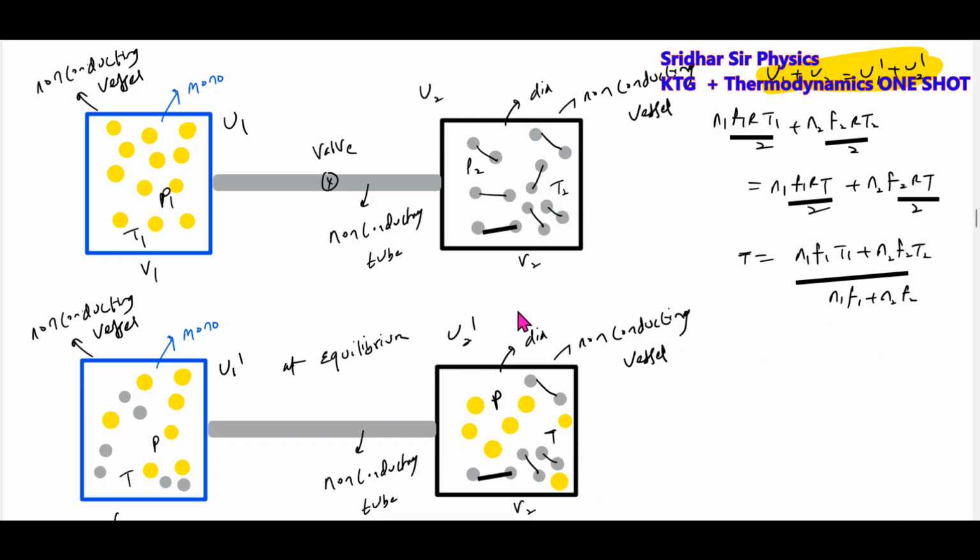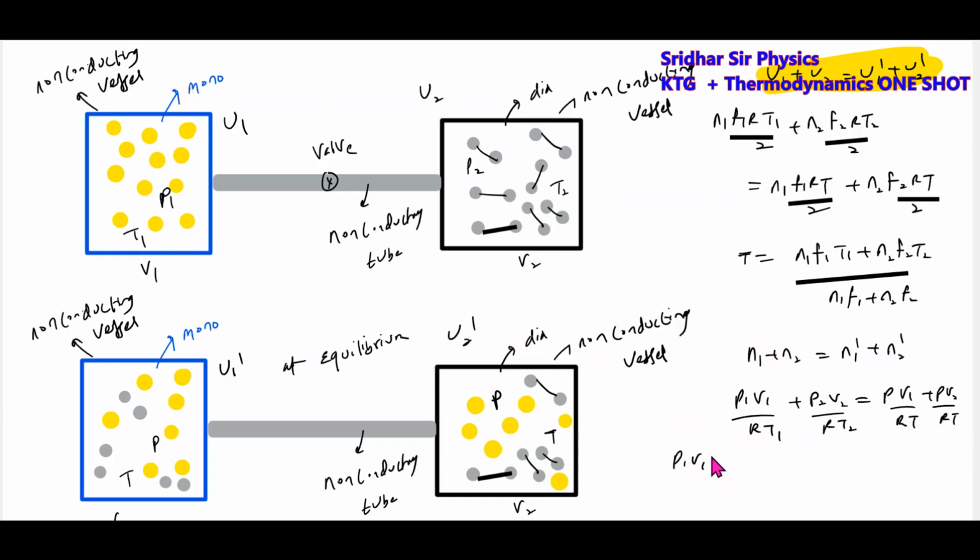To get the final pressure, the amount of gas, or the mass of gas, or the number of moles will remain the same. What is n1? n1 will be P1 V1 by RT1, and n2 is P2 V2 by RT2. Final: PV1 by RT, PV2 by RT.